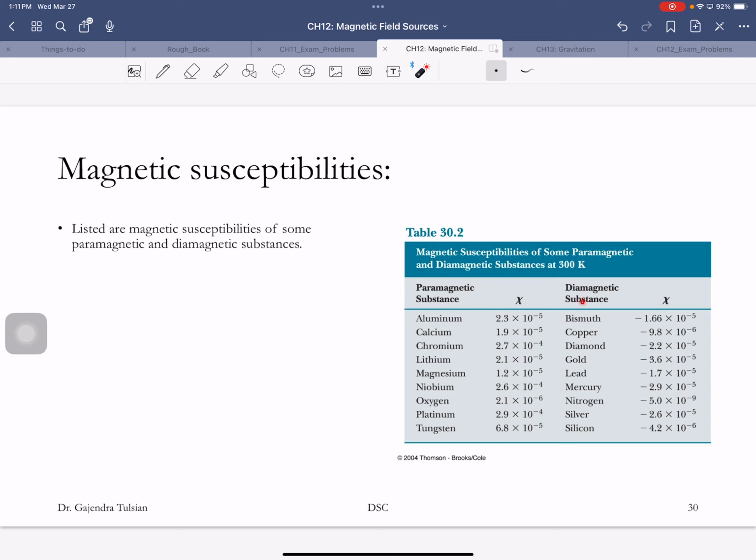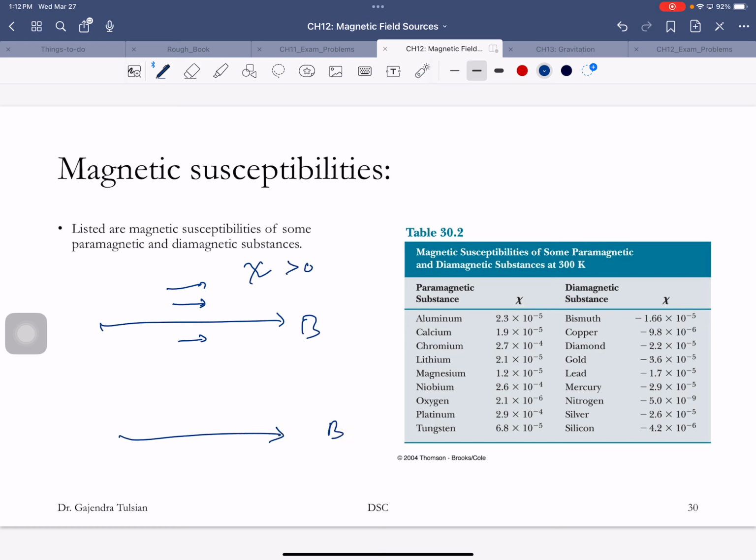For diamagnetic substances, magnetic susceptibility is negative. What positive means is if you apply an external field, the magnetic moments in the material line up. For diamagnetic materials, you apply a field, and the magnets in the material line up in the opposite direction, and chi is negative.